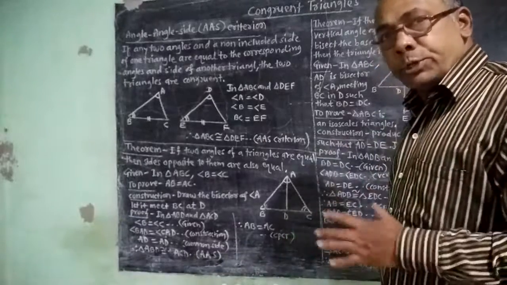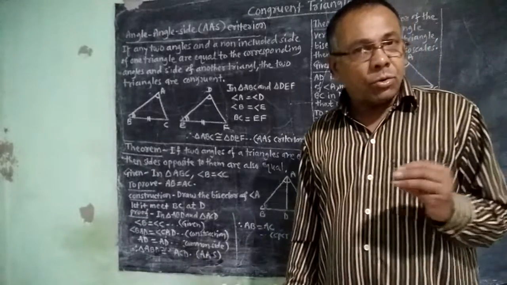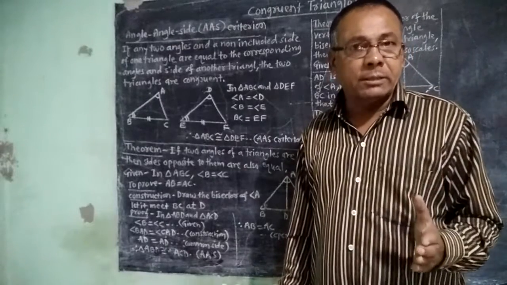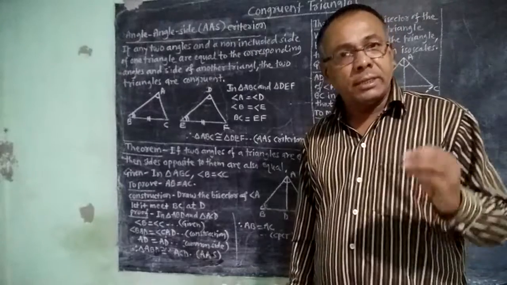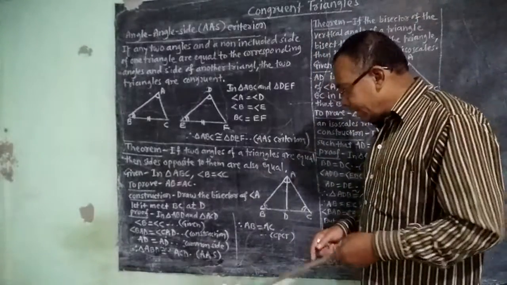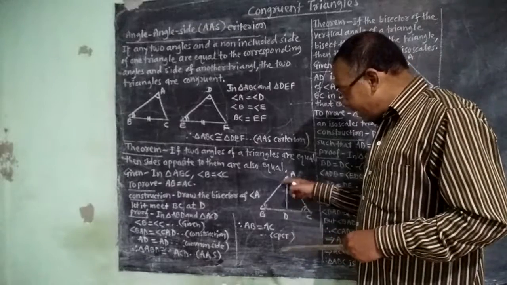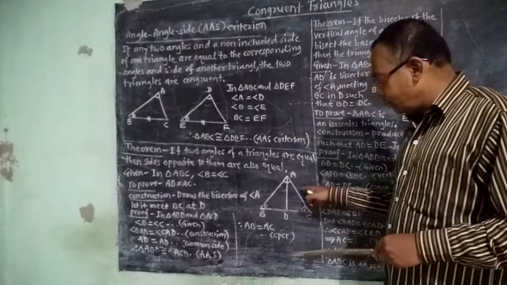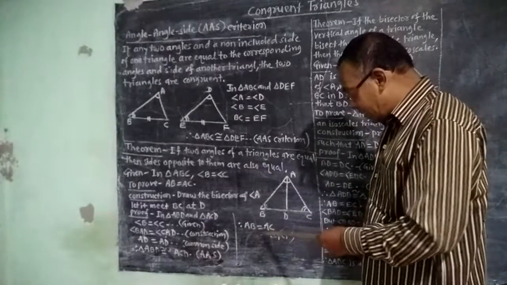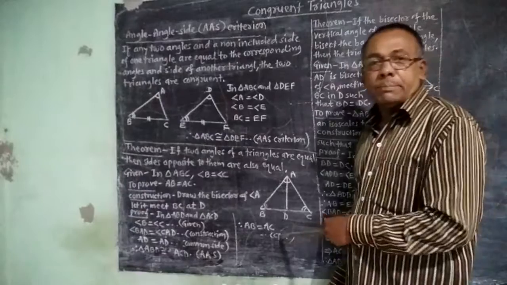And now if the two triangles are congruent, then their corresponding parts or corresponding angles are equal, as well as corresponding sides are equal. Here we have to prove that the corresponding sides AB and AC, both the sides are equal. So AB equal to AC, and that is CPCT.